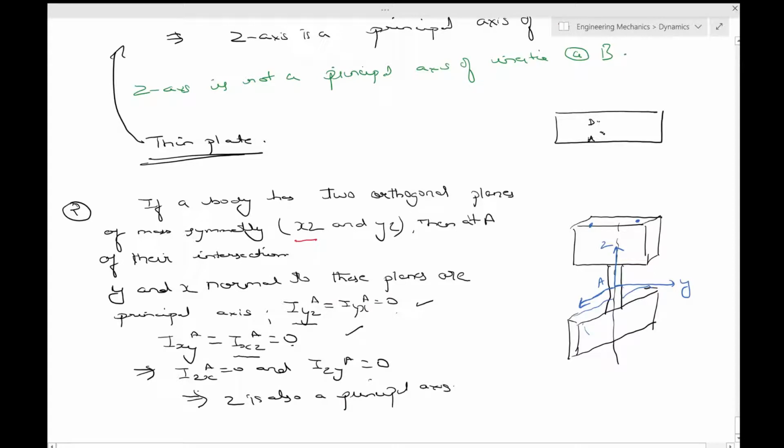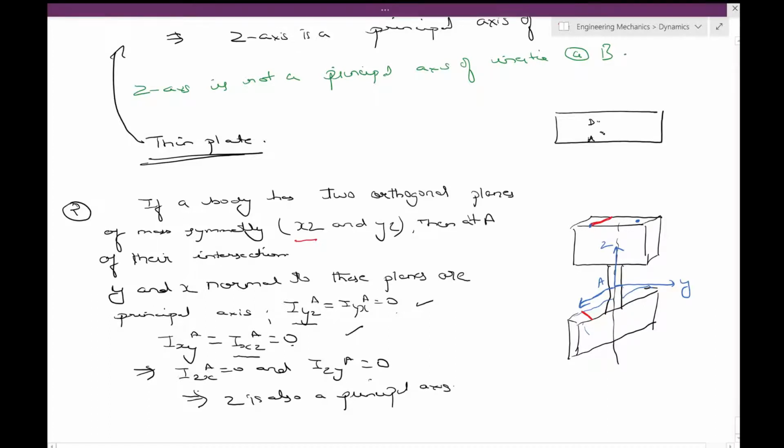For this cylindrical pipe, XZ will be a plane of symmetry because it passes through the diameter, and for this block, this will also be the direction of symmetry along the XZ plane.